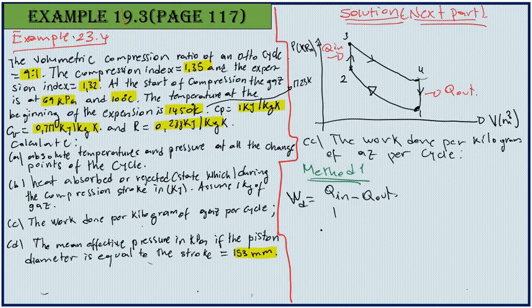So we have Q in, which is equal to M multiplied by CV multiplied by T3 minus T2, and then minus Q out. Q out is also given by M multiplied by CV, because both processes are isochoric, multiplied by T4 minus T1.